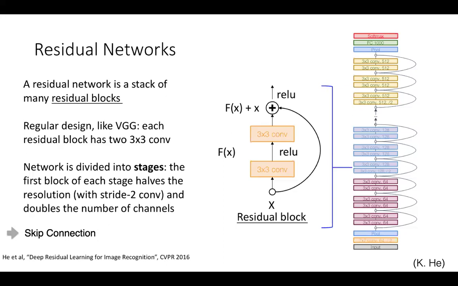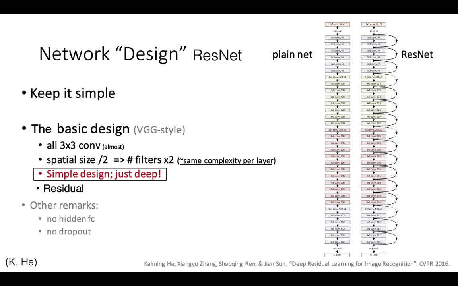And why does that matter? Because although you have the same complexity per layer and a simple design, this residual block with skip connections makes it possible to have much deeper networks.